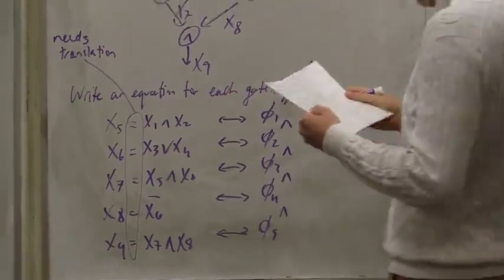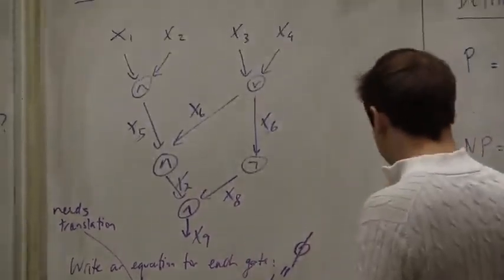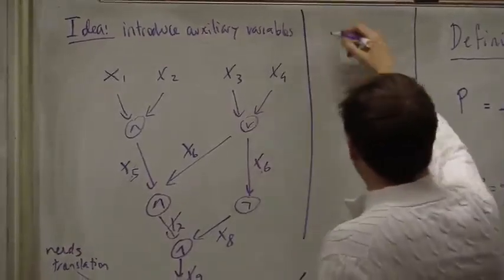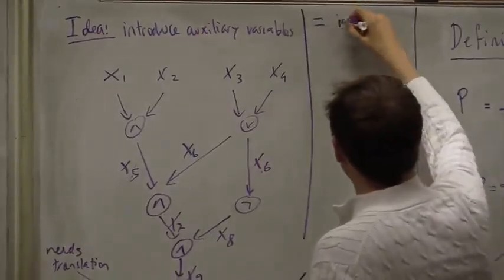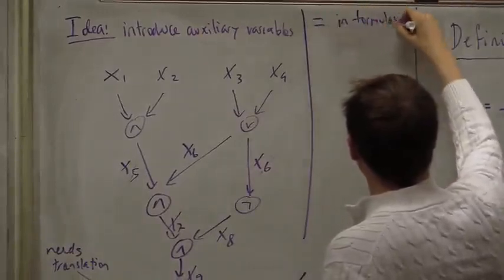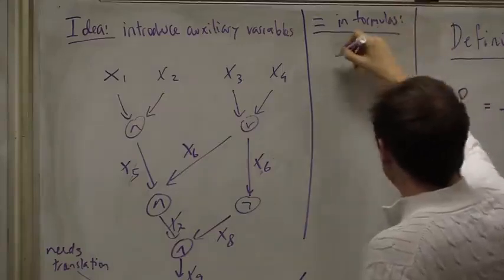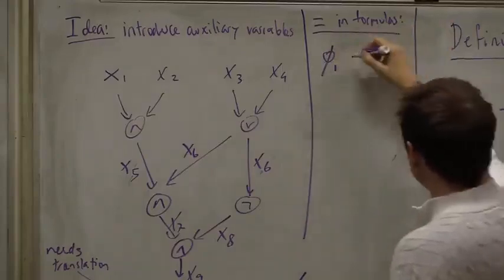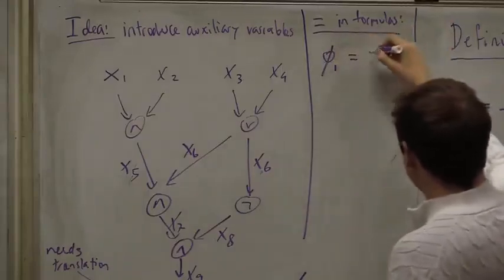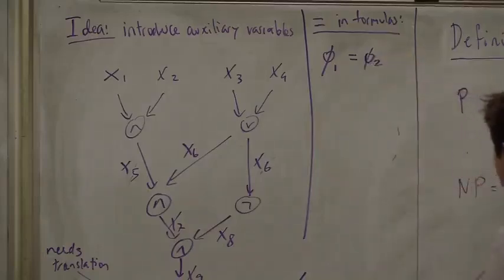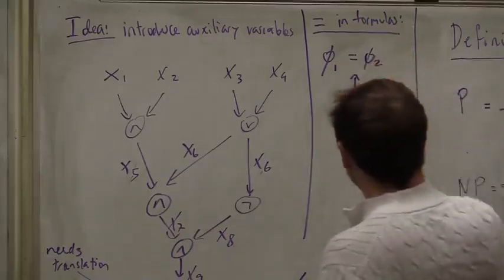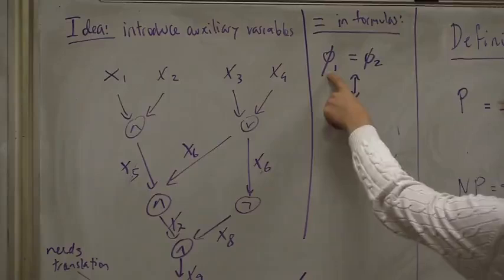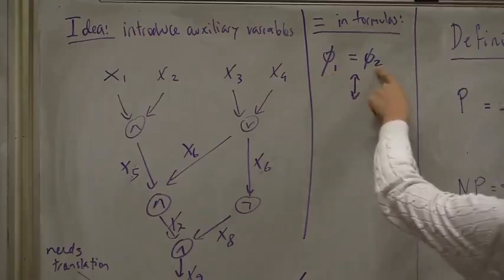Okay, so let me do it up here. We're going to say equal sign in formulas. Okay, so suppose I have some generic formula phi1, and I want to say that formula should equal phi2. I can also write this in a different way and say, look, this formula will evaluate either to 0 or to 1, and this one will also be 0 or 1.